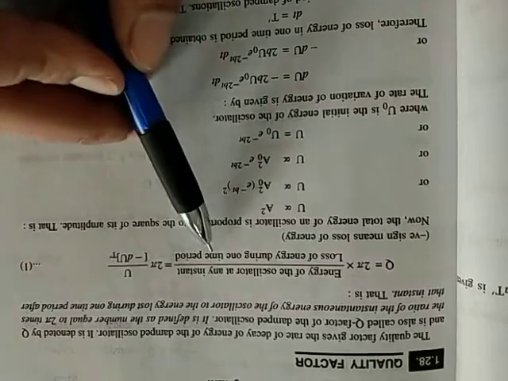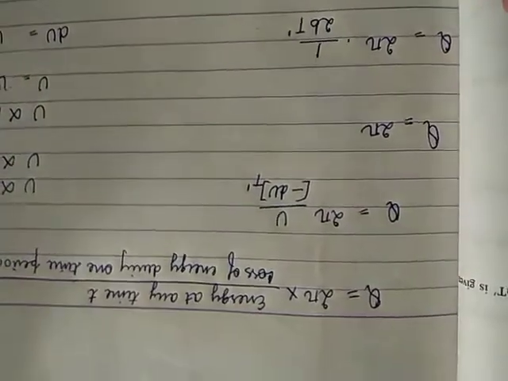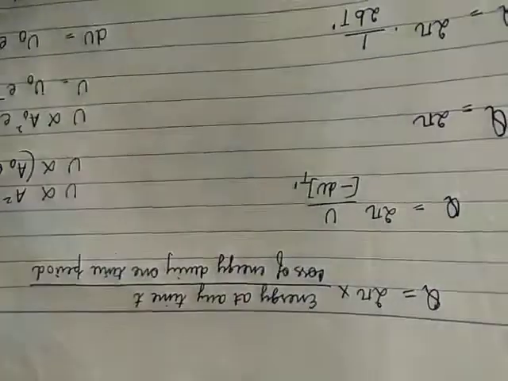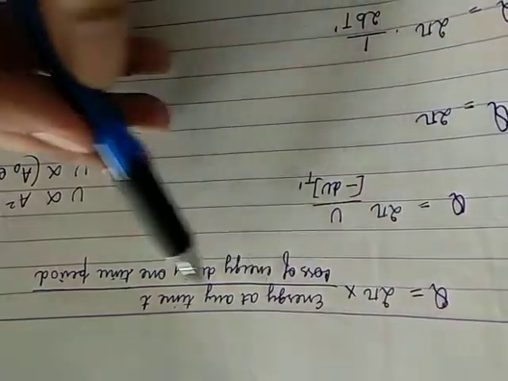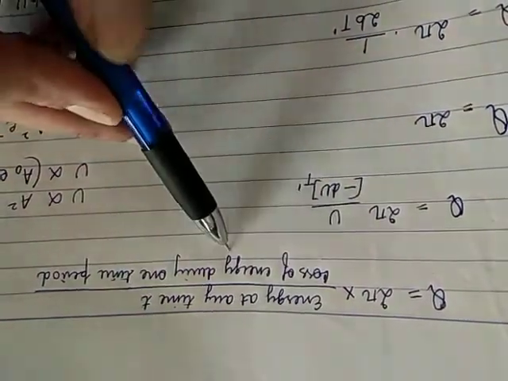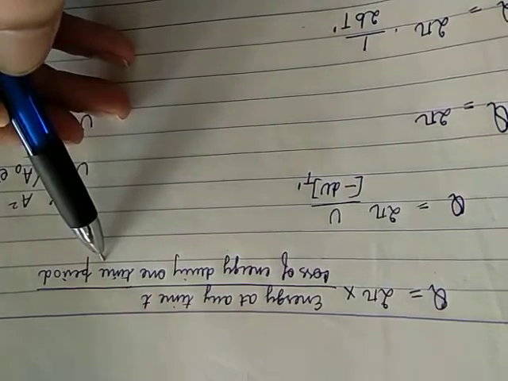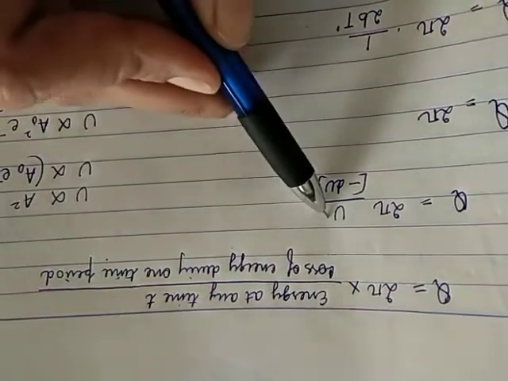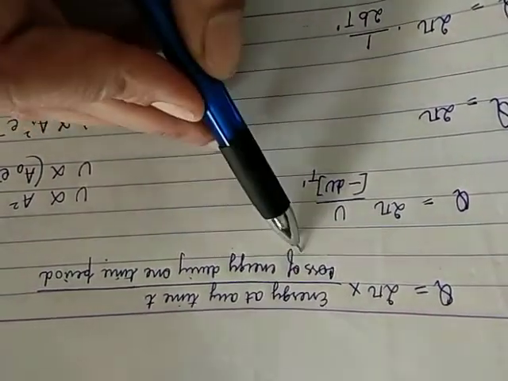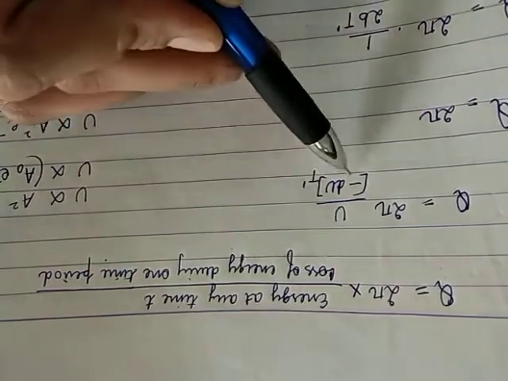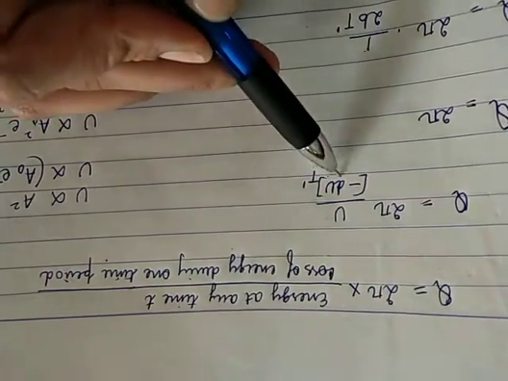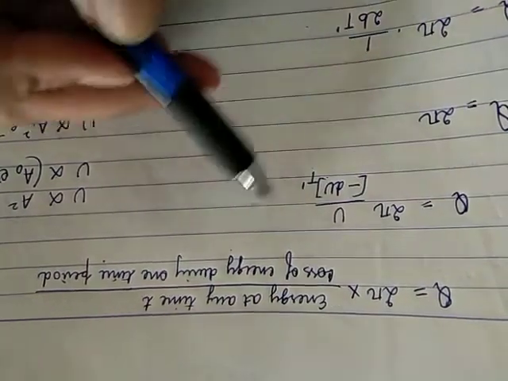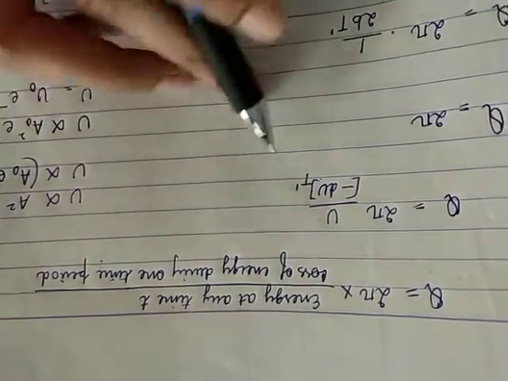So, to explain in a more concise manner, Q is equal to 2 pi multiplied by energy at any time t divided by loss of energy during one time period. So I am denoting here U divided by minus dU over T dash, because this is loss of energy.